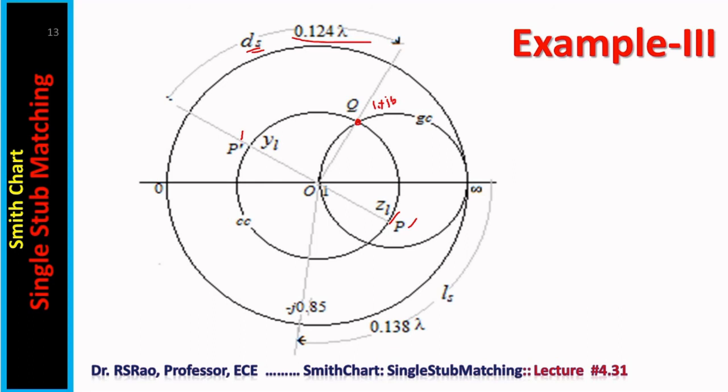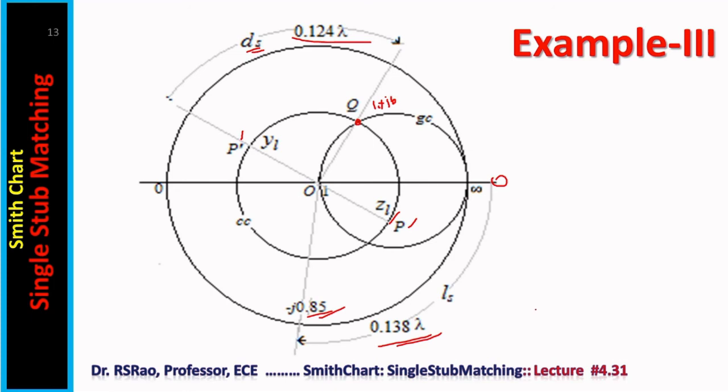Admittance denoted by Q is 1 plus jB. Now the susceptance to be provided by the stub is minus B. So start from the rightmost point and move until you reach minus B. In the present case, B is 0.85, until you meet the minus 0.85 point. From the chart, it can be found equal to 0.138 lambda.